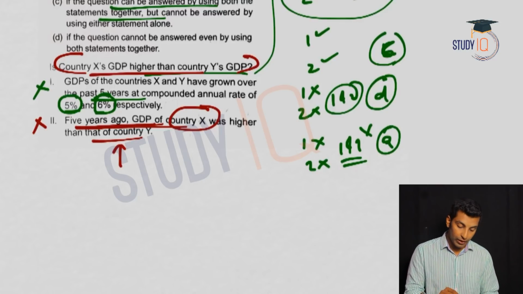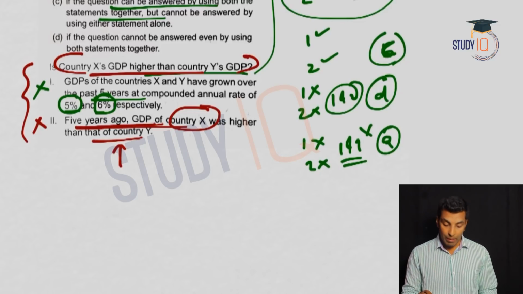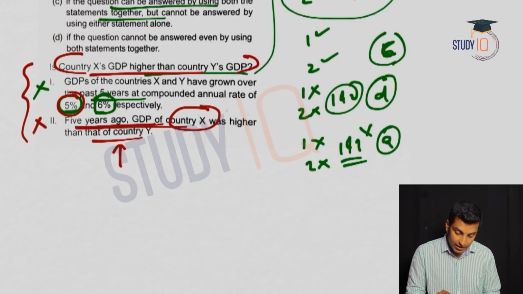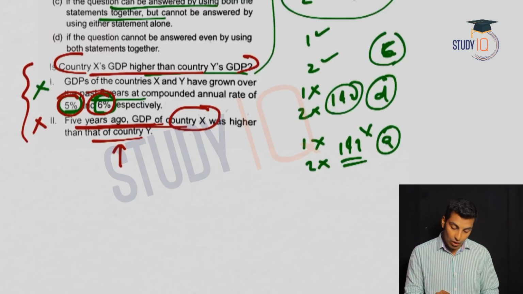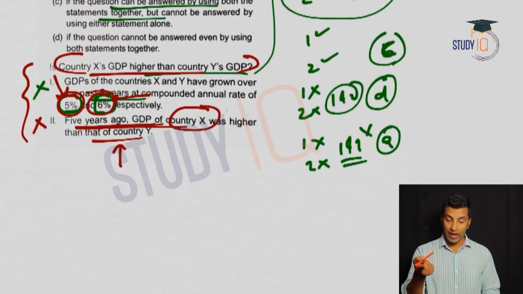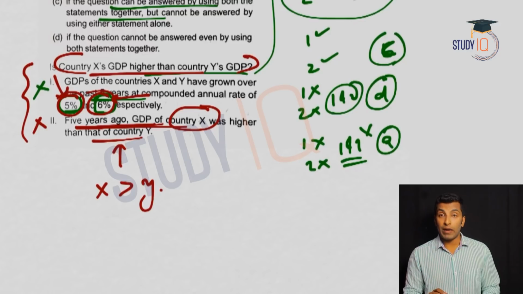Now what we need to do is combine these. When you combine, you can use the 5% and 6% also. So Y is growing at 6%, X is growing at 5%, for 5 years. 5 years ago X was higher, but we don't know how much higher. Maybe 1 rupee higher, still I can tell X is greater, right?